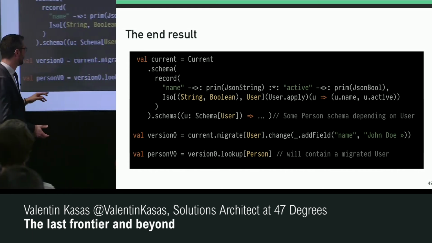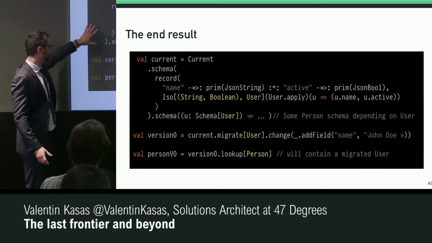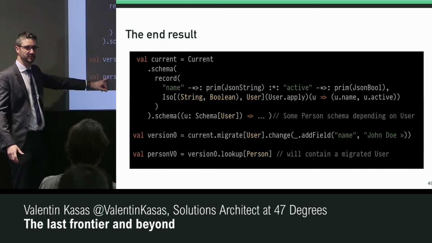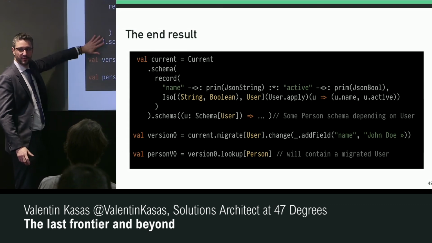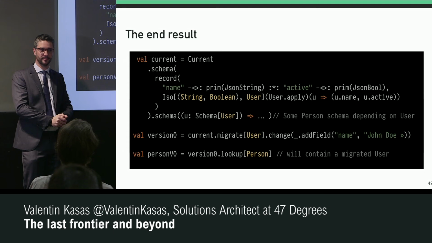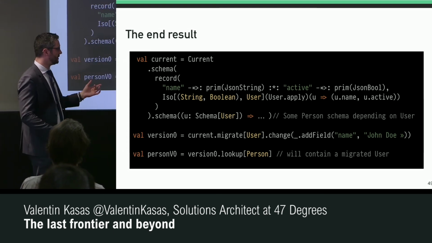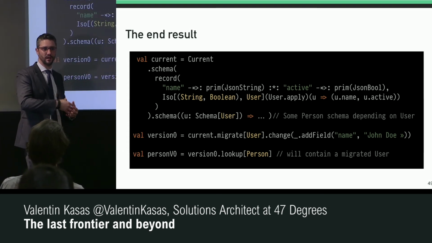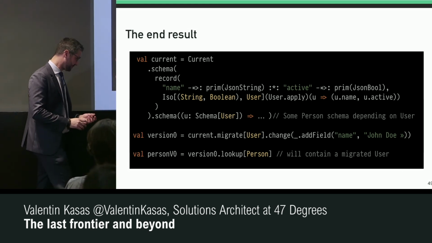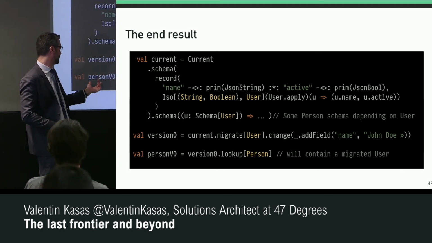And now, with only that code written in my code base, I can get the person v0. I didn't say anything about person v0, but since person has a field of type user, this migration should be propagated to person. That was the point.